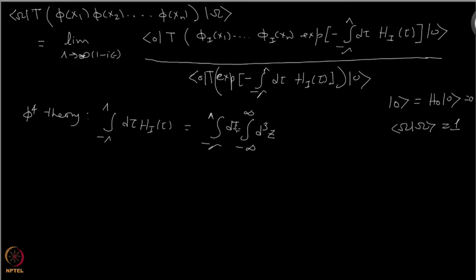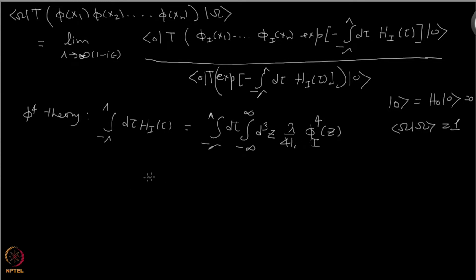So all the three space coordinates run from minus infinity to infinity, and the time coordinate runs from minus lambda to lambda, where lambda has a small imaginary part at infinity. And then you have here phi. This is correct.